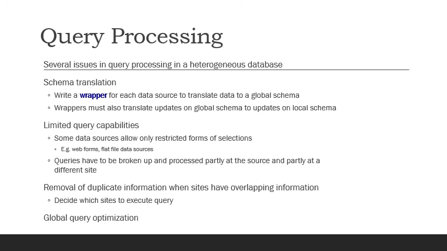Global query optimization in a heterogeneous database is difficult, since the query execution system may not know what the costs are of alternative query plans at different sites. The usual solution is to rely on only local level optimization and just use heuristics at the global level.